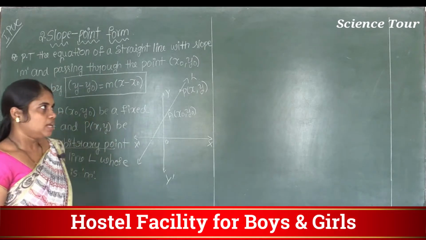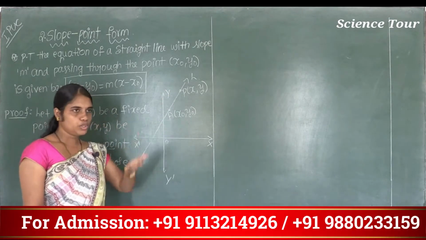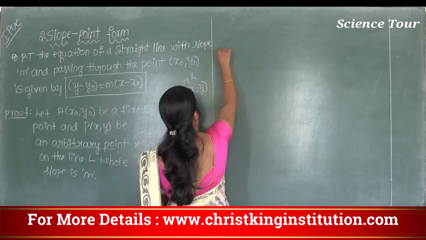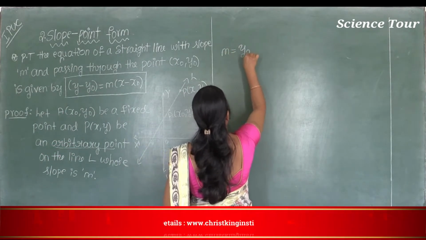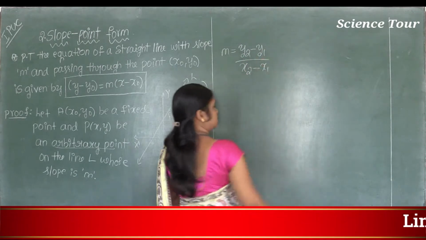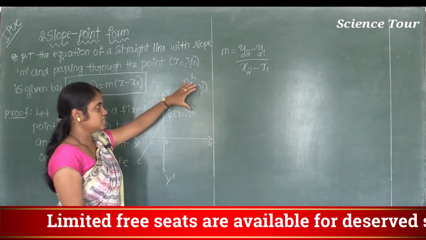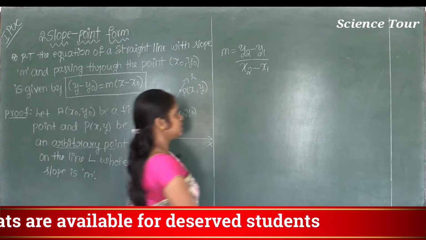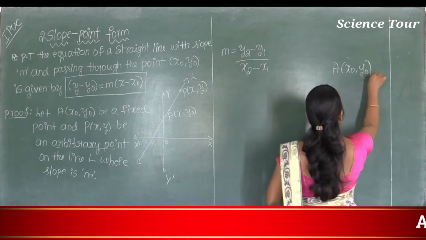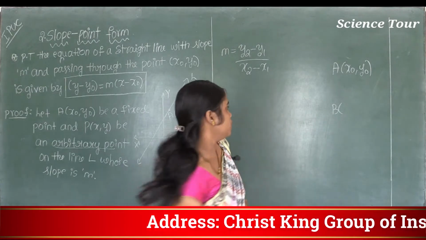Next we will consider, if we have any 2 points, how to calculate the slope of that line. We have a formula. What is that formula? m is equal to y2 minus y1 by x2 minus x1. This is our formula to find the slope of a line. Since there are 2 points, the first point is A of x naught comma y naught, and the second point is P of x comma y.